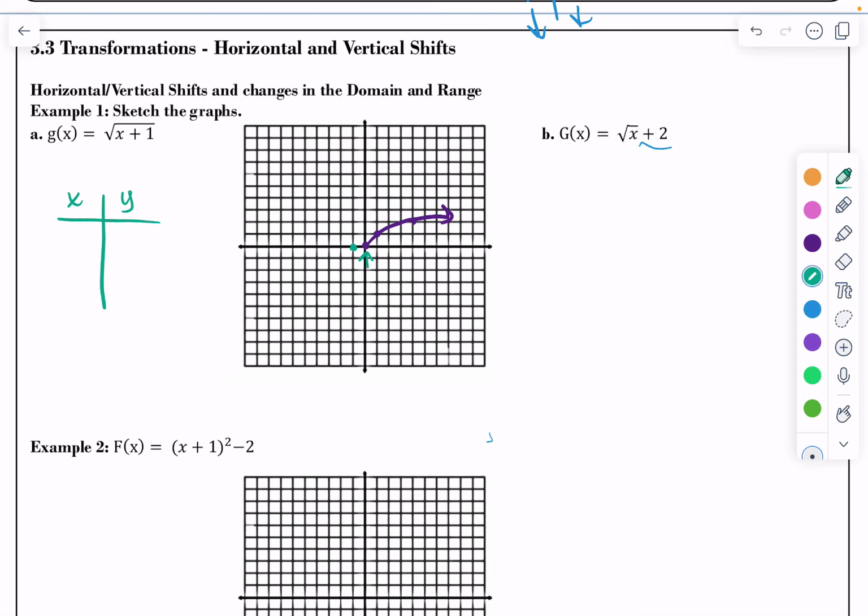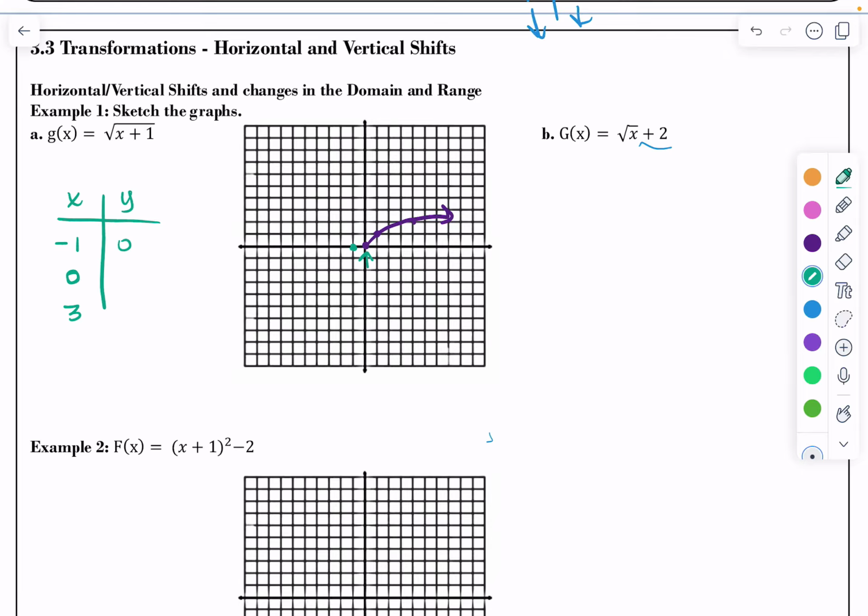You know you're going to have the coordinate -1, 0, and because it's a radical, it's only going to the right. It's just that part of the function. So you can pick points like 0, 1, 2, et cetera. I'm going to pick 0, and let's pick something easy, 3, and that'll be about it. I have 3 points.